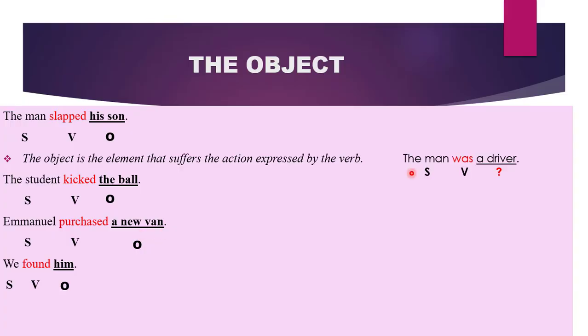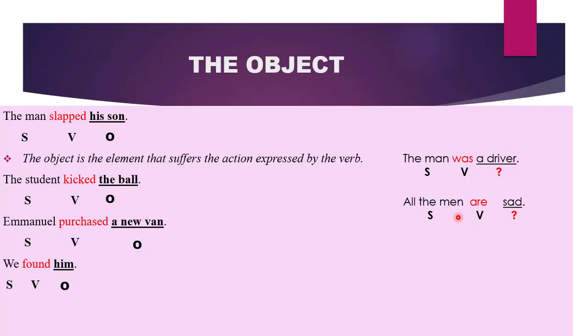For example, the man was a driver. In this sentence, is there an action word? No. Although there is a verb, that verb is not an action word. Was is not an action word. Therefore, a driver cannot function as our object. All the men are sad. In this sentence, is there an action taking place?